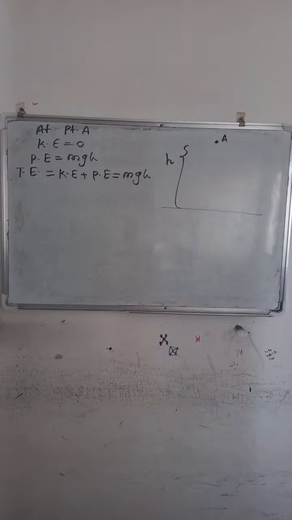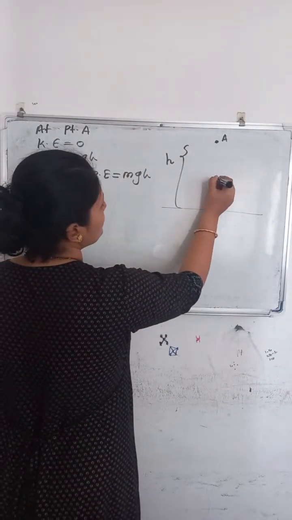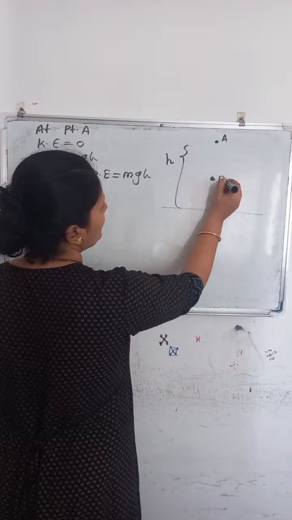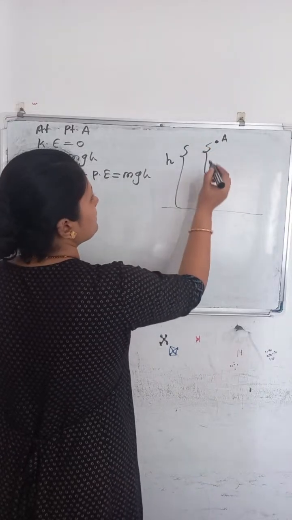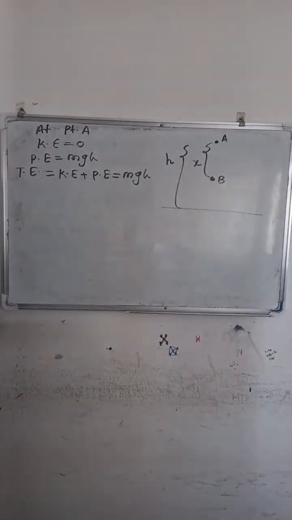Now the body is allowed to fall freely and it reaches point B with velocity v. Suppose I drop this body from a certain height and it reaches point B. From A to B it covers the distance x.